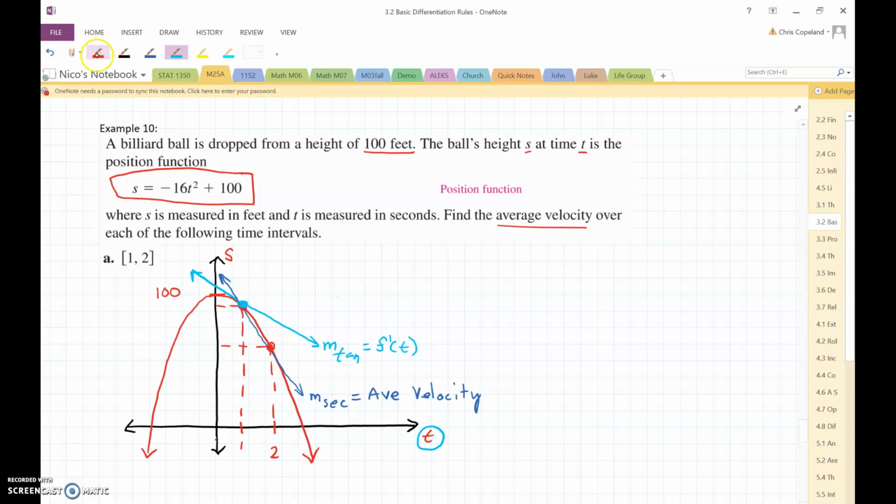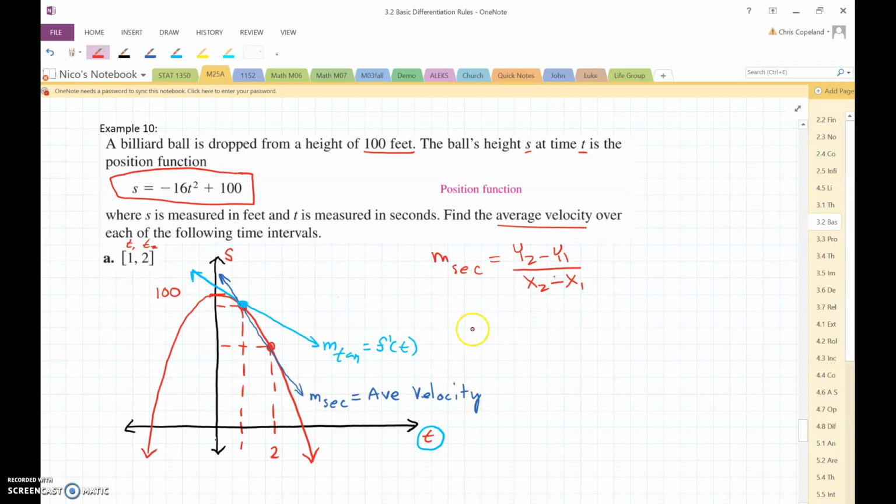So let's find the average velocity. To find the slope between these 2 points, we're going to use y2 minus y1 all over x2 minus x1. Okay? And this is really t sub 1, this is really t sub 2, which is similar to x sub 1, x sub 2.